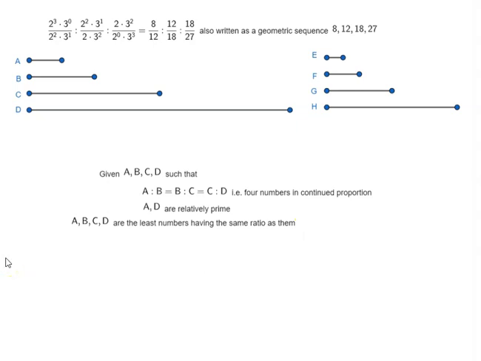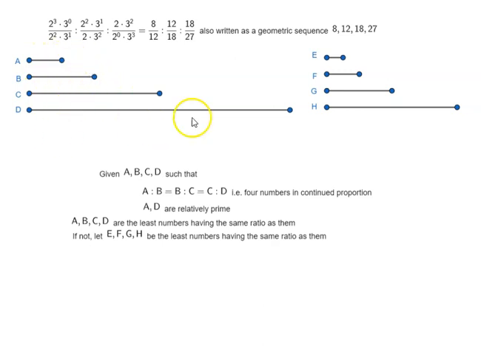Now we have to prove that these are the least numbers. So let's assume the contrary. If not, let E, F, G, H be the least numbers having the same ratio as them. Here we have these four numbers and we have these four numbers. These are the assumed least numbers, and we are saying that these are the least numbers.